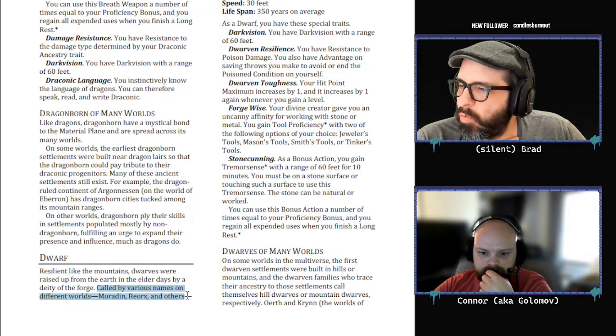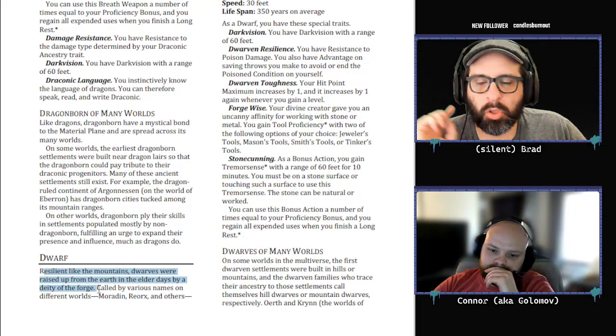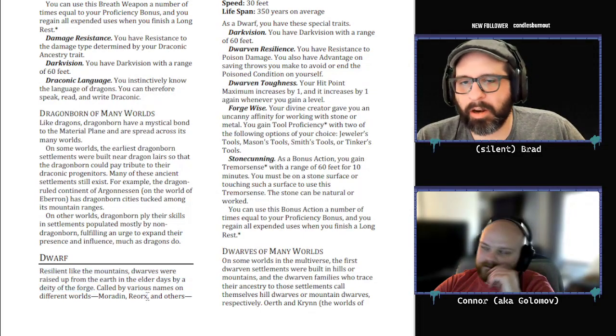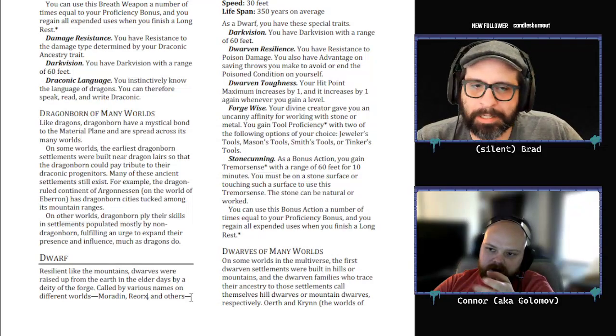So they were resilient like the mountains. Dwarves were raised up from the earth in the elder days by a deity of the forge. They were literally created by their god from mountains, from stone.